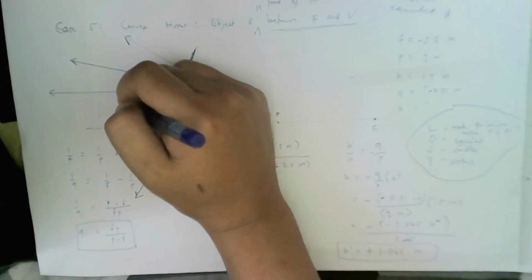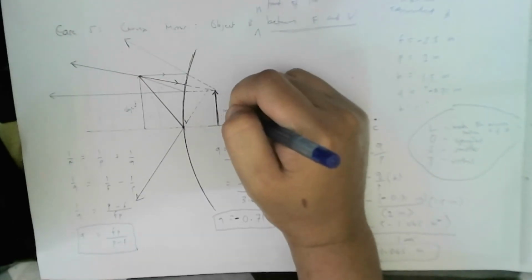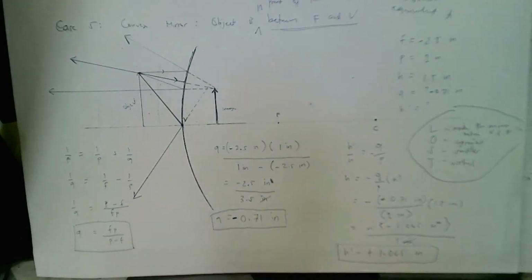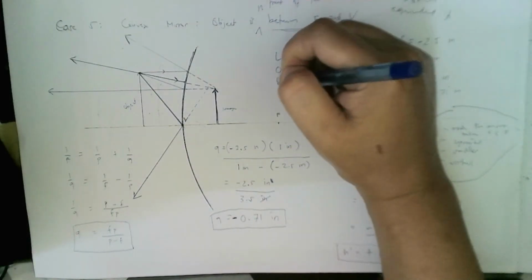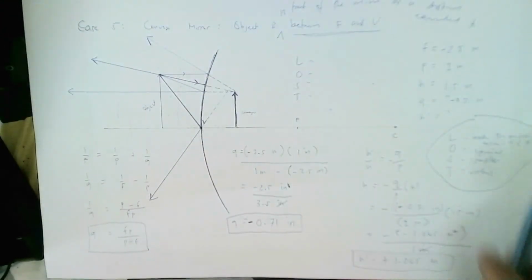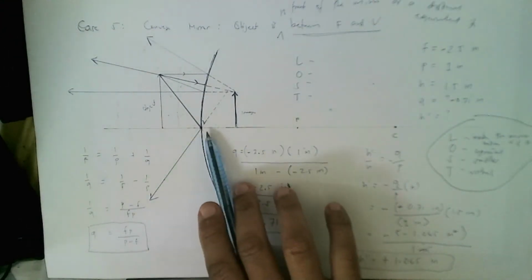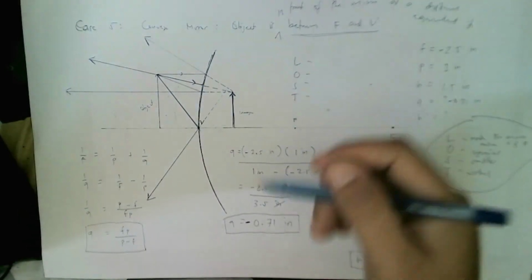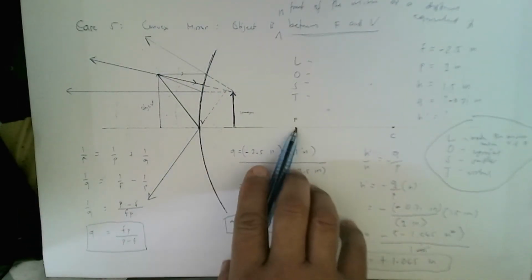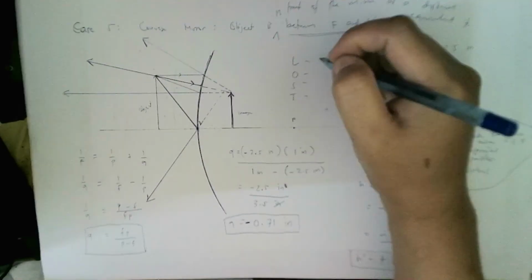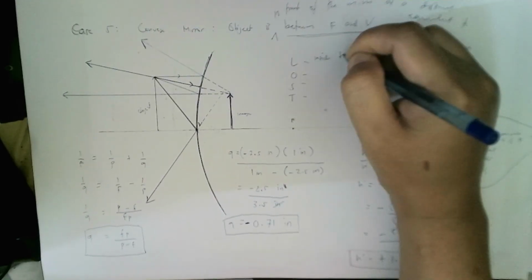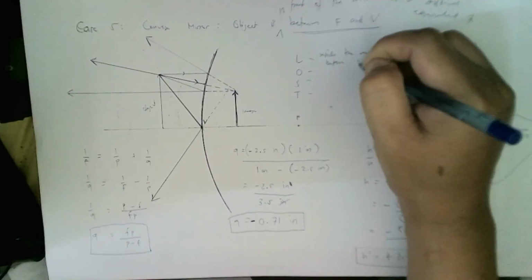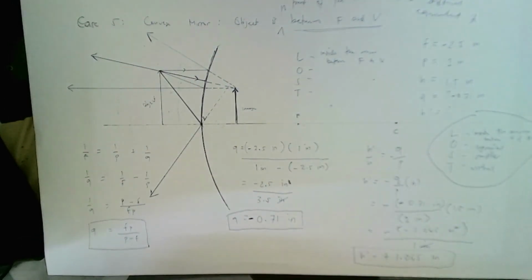So this is your object, this is your image. Okay? So moment of truth. The results that we found here should be the same as the results that we will find from the ray diagramming. So number one, location. Well, it's between V and F, and it's inside the mirror. So inside the mirror, between F and V. Okay?